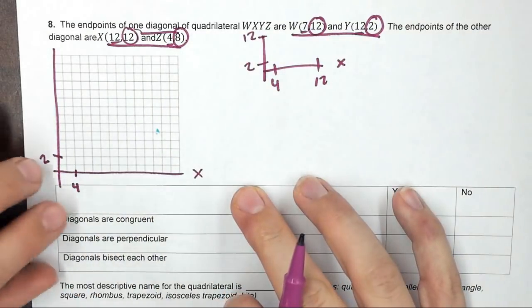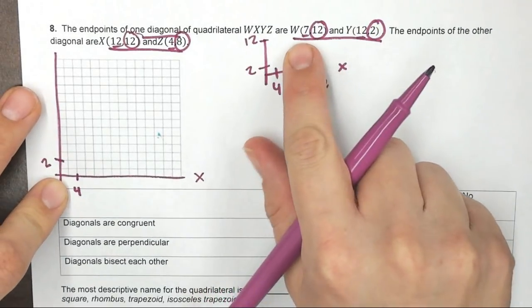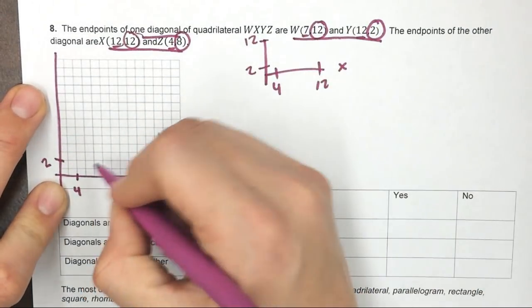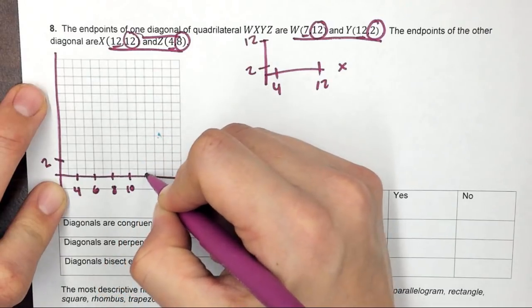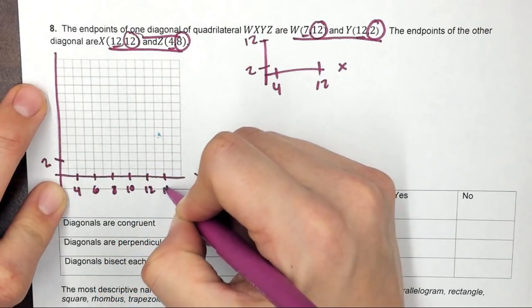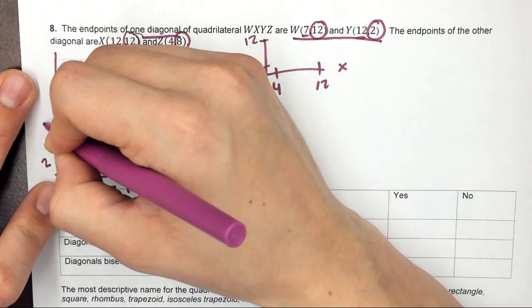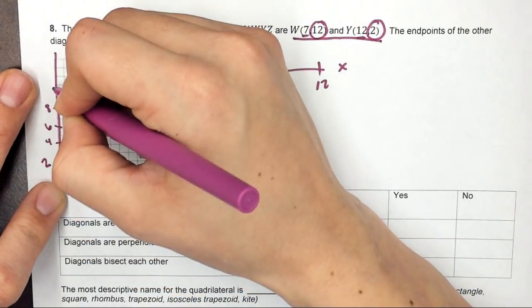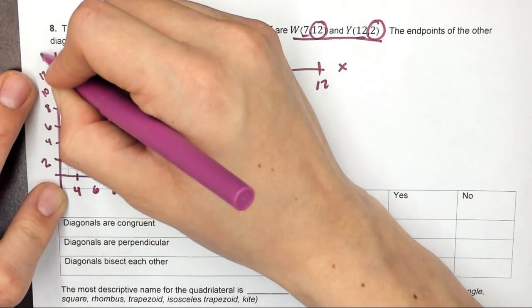So kind of like moving our graph over just a little bit. Okay, 6, 8, 10, 12, 14. Don't need to go that big. 4, 6, 8, 10, 12, 14.